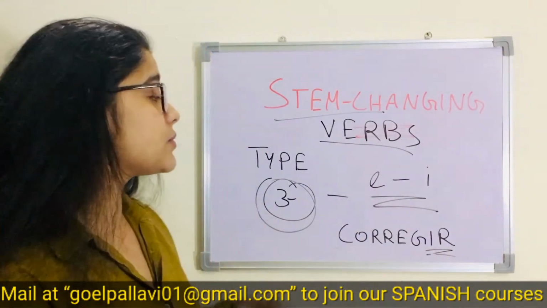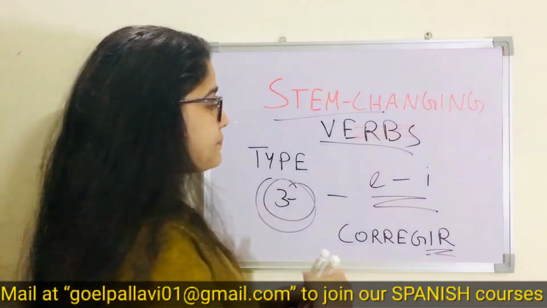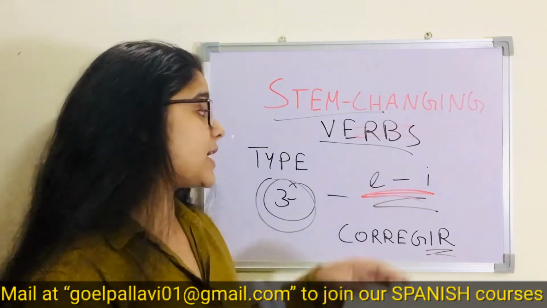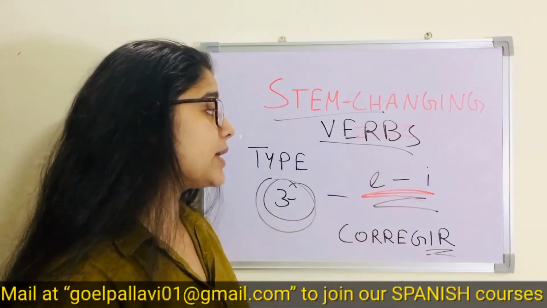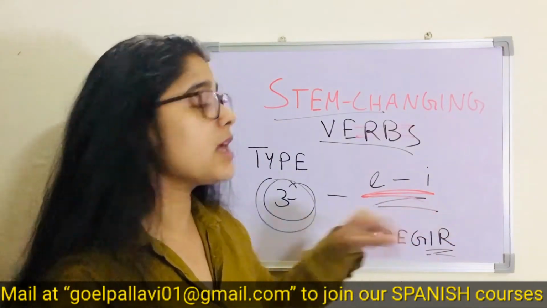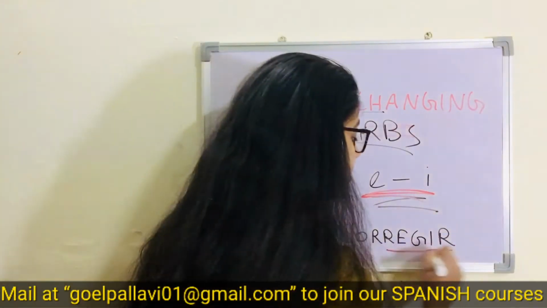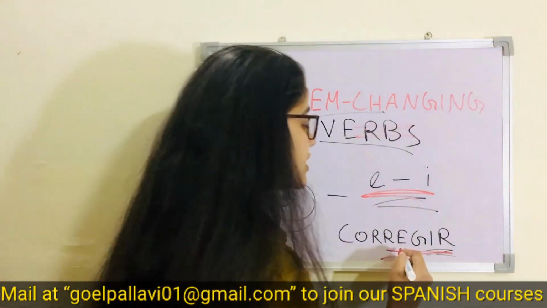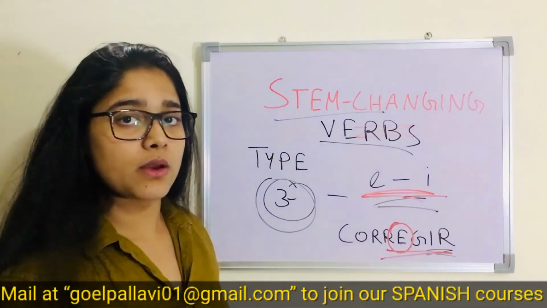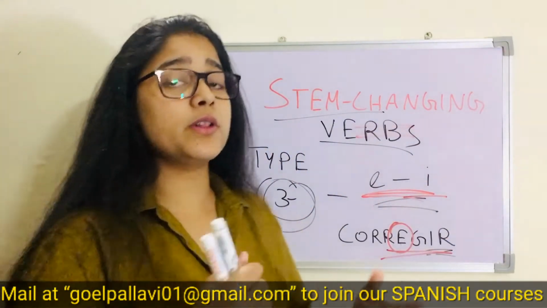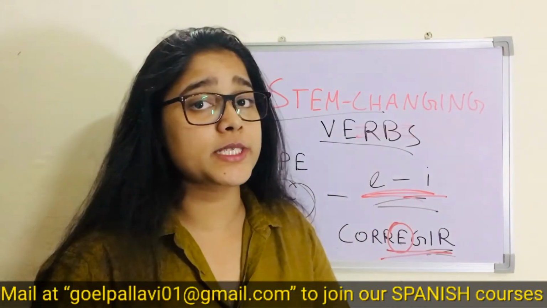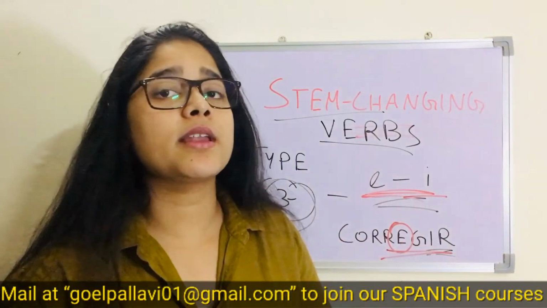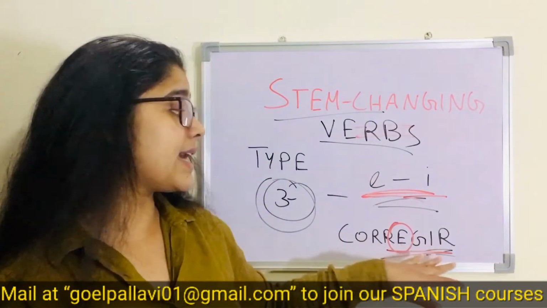So we are going to learn about type 3, which is E changes to I. There will be so many verbs which have E in the spelling, and we are going to change E to I. Let's take an example, corregir, which is to correct something. First of all, let me tell you that in this type 3 of stem changing verbs, mostly the verbs are IR ending verbs.